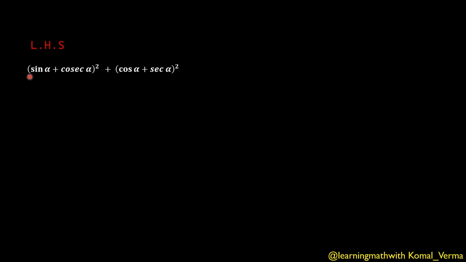Firstly, we rewrite the left hand side, that is (sin alpha + cosec alpha) whole square plus (cos alpha + sec alpha) whole square, in the form of sin alpha and cos alpha. This equation will become (sin alpha + 1 upon sin alpha) whole square plus (cos alpha + 1 upon cos alpha) whole square.